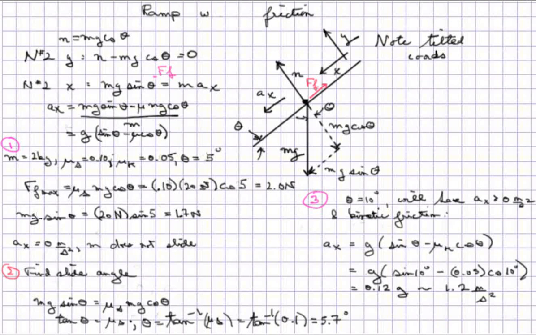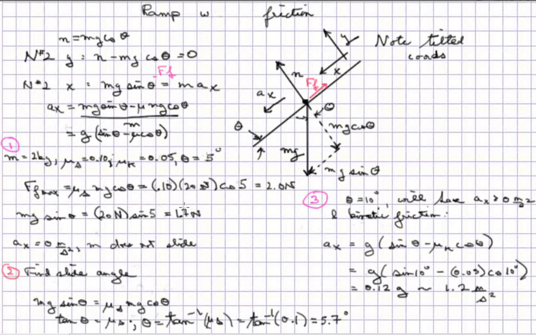In the meantime, mg sine theta represents the force down the plane. It's the component of the weight down the plane, is 20 newtons, the weight of the object, times the sine of the angle, which is 1.7 newtons.